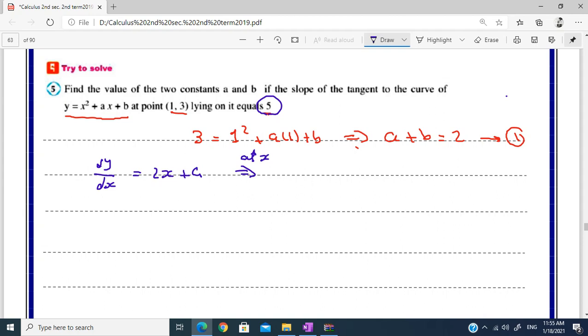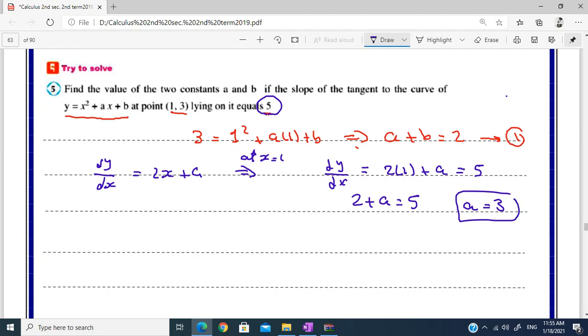At x equals 1, dy by dx equals 2 times 1 plus a, which equals 5. So 2 plus a equals 5, so a will be 3. By substitution in the first equation, 3 plus b equals 2, and b equals negative 1.